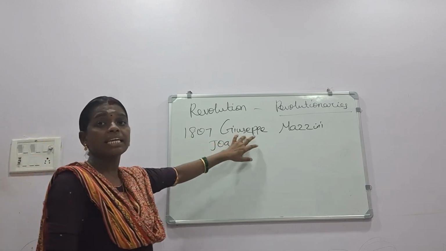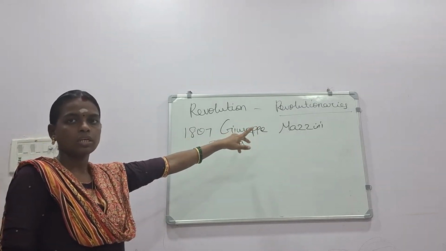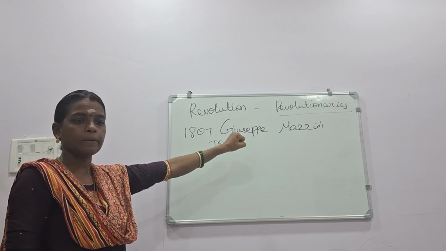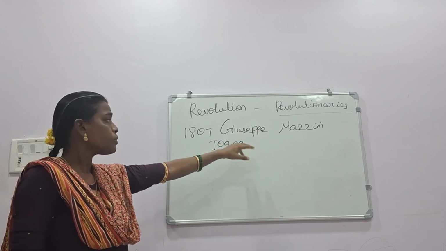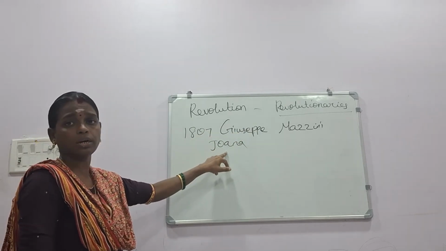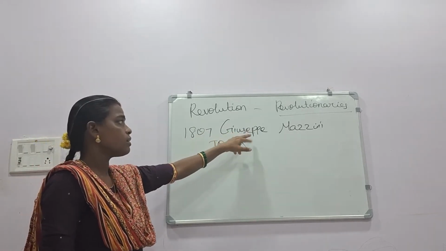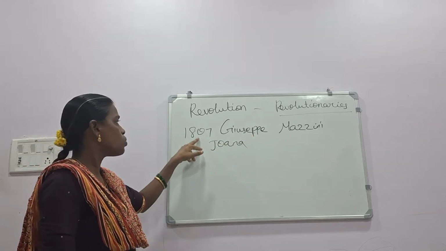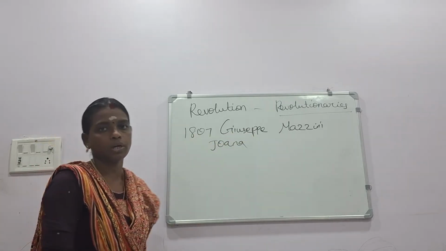He was an Italian revolutionary who was born in 1807 in the place of Genoa.